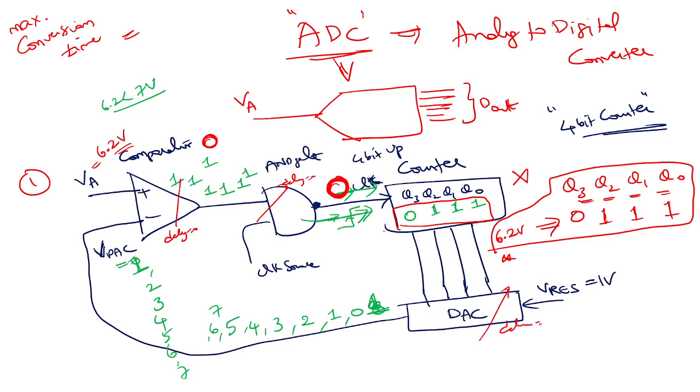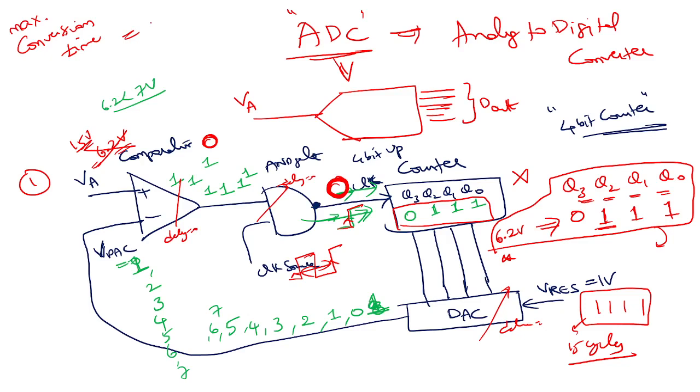What happens is you have to wait for this clock between one to another, correct? So suppose instead of 6.2, if I have 15, then this should go till 1, 1, 1, 1. Are you getting it? So it took almost 7 cycles to come to this point. It may take 15 cycles, right? 15 into clock frequency or clock time period.